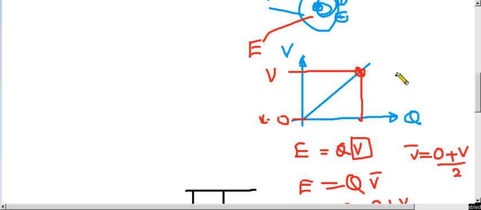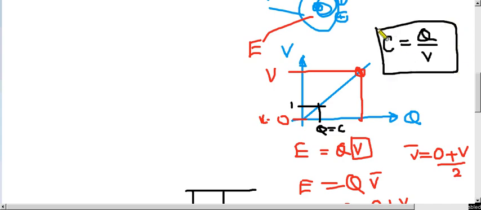That equation you can get from the definition of C. C is defined as Q per 1 volt. Say 1 volt, what is Q here? That is equal to C. That is the definition; you should remember these things.